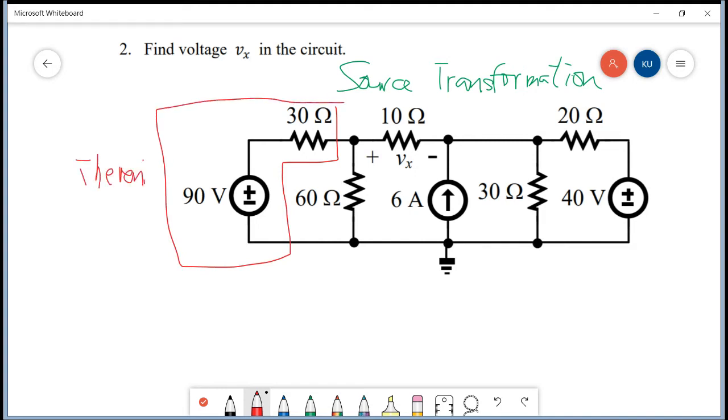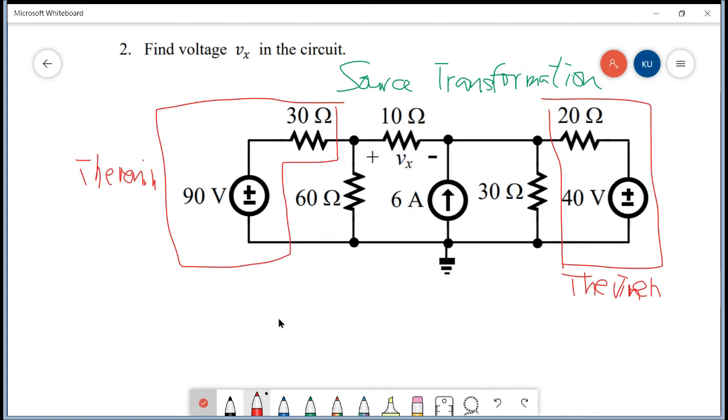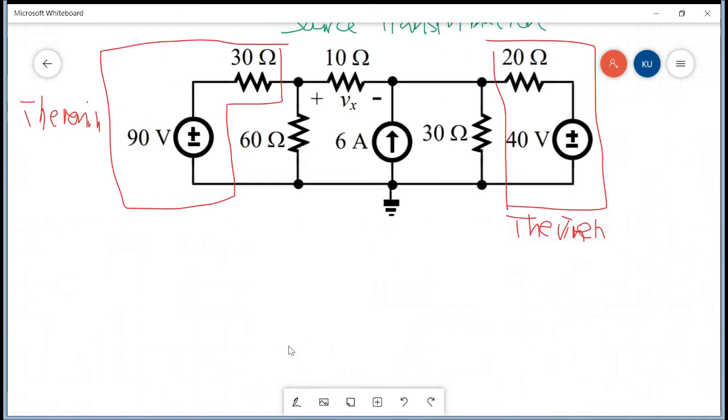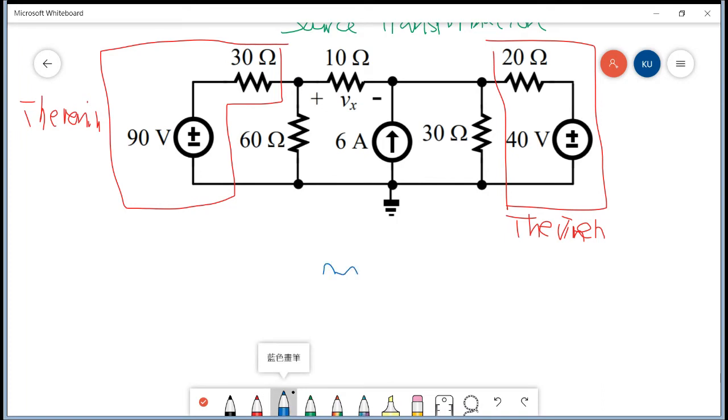a definite equivalent circuit. Also, this part is a definite Norton equivalent circuit. So let's draw the other part without changing anything first.